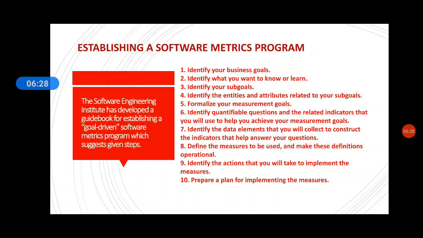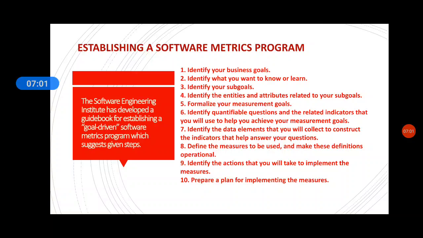The next step is formalize your measurement goals. We need to formalize all the measurement goals that we have listed. The next step is to identify quantifiable questions and the related indicators that we will use to help achieve our measurement goals.